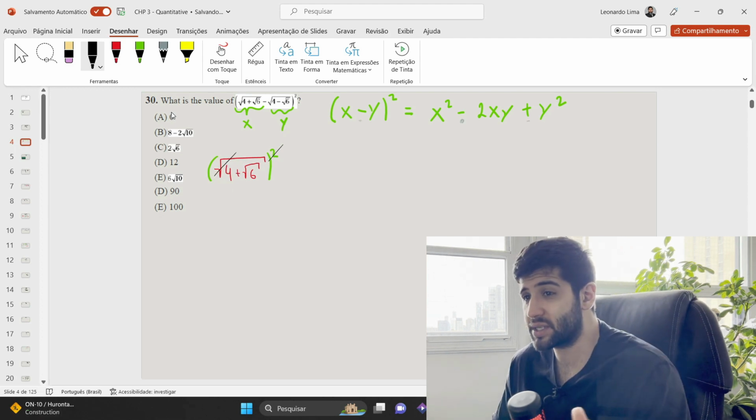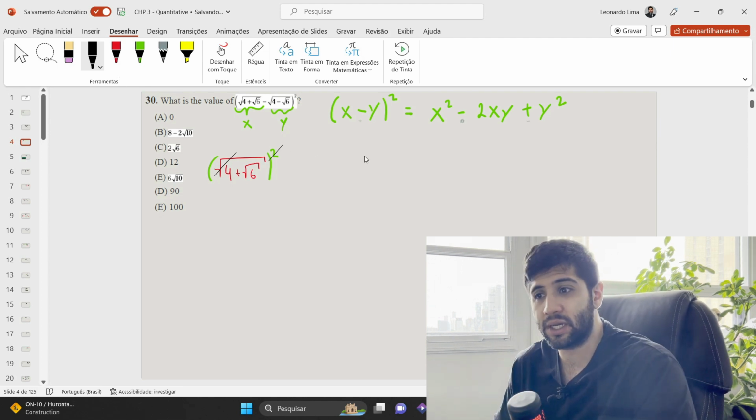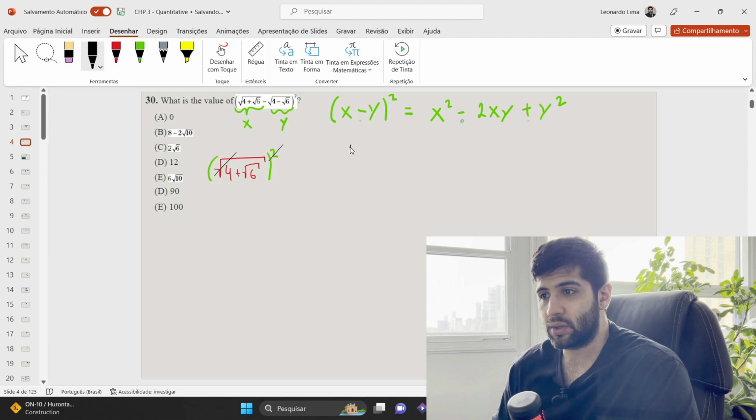In the other exercise, it's going to be a little bit harder, but in this way, we just need to cut the square root. So now it's going to be 4 plus the square root of 6, and then I need to multiply these both terms here, right?